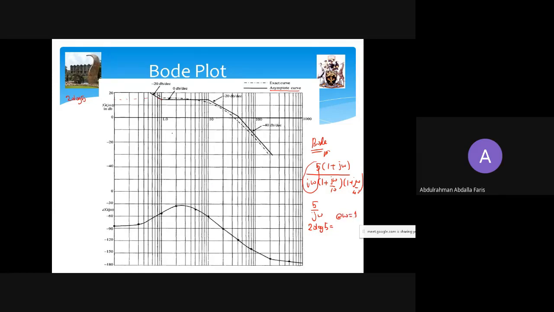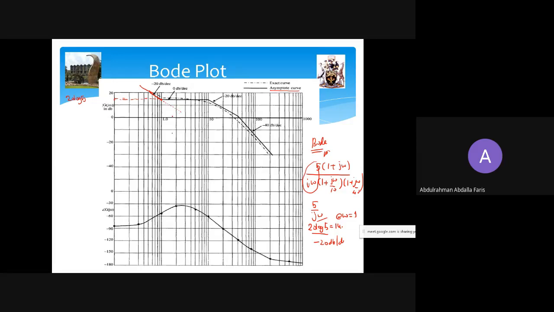So you mark this point first here at omega equals 1. But because we saw that this also has a minus 20 dB line per decade, there is a line which is coming, and this line must pass through omega 1 at this point. So 14 dB. So there is this line here.